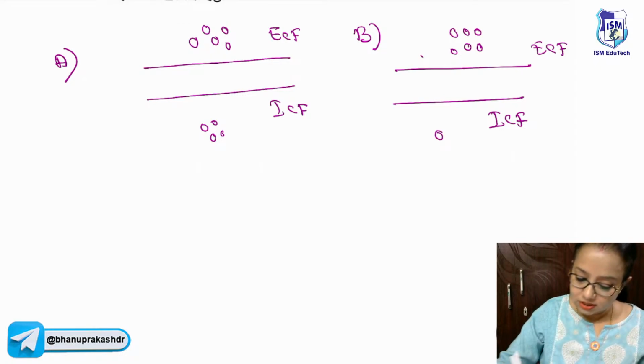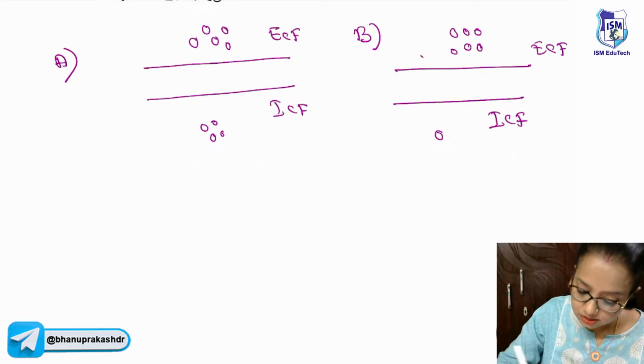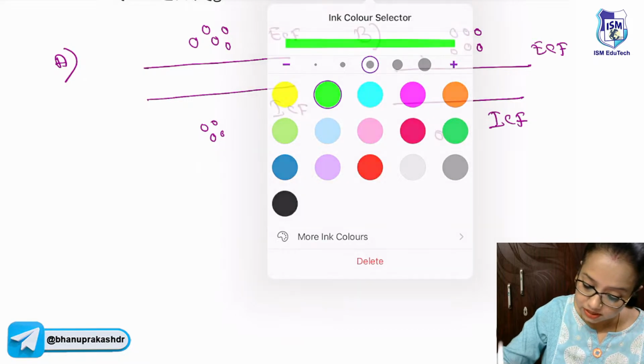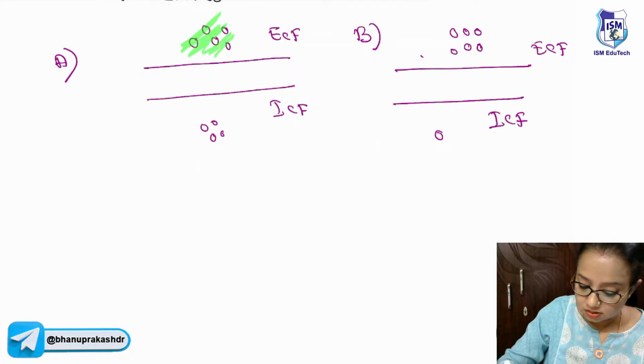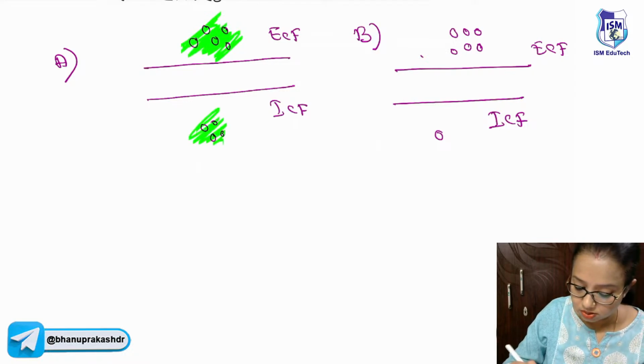So now in case A, we see the number of the molecules present in the ECF. It is not so much higher than that of the ICF. If we count, there are 5 here and 4 there.